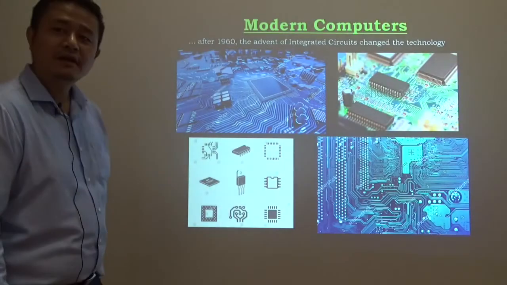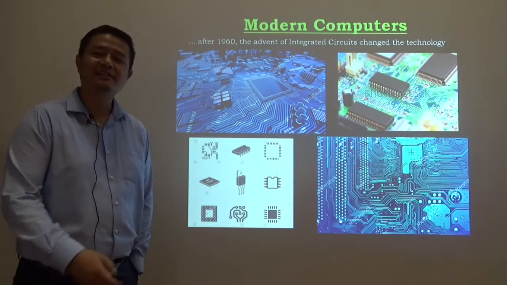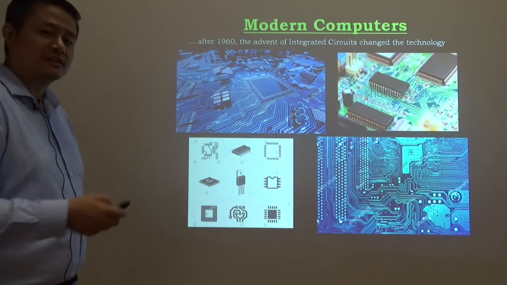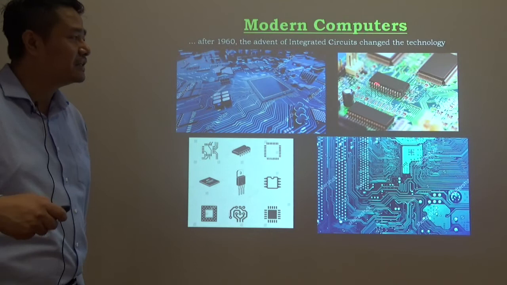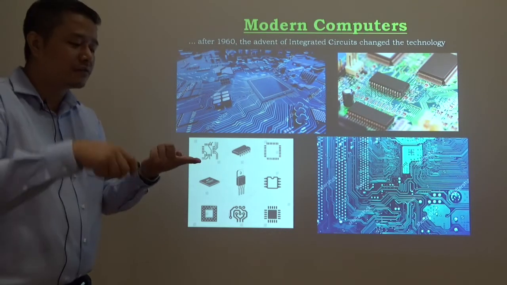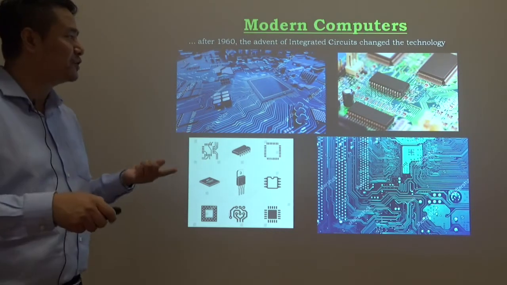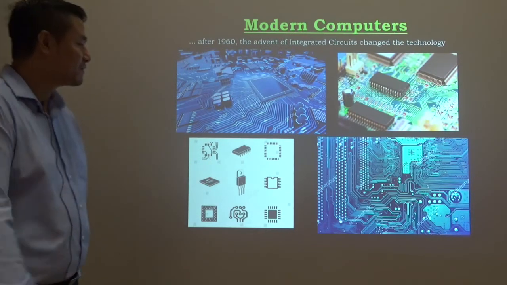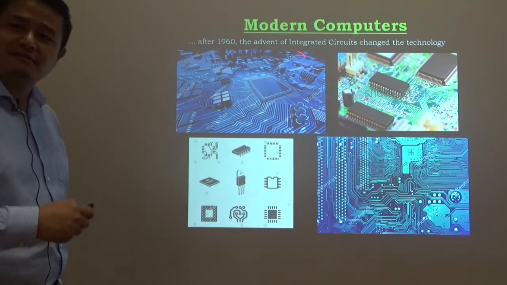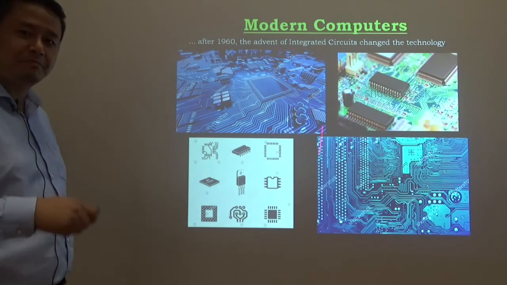Now with the advent of digital electronics and integrated circuits, thousands of transistors are embedded in just a single fingertip, which fit to a fingertip dimensionally. So these are the integrated circuits on a chip.